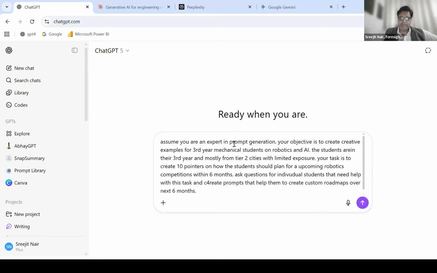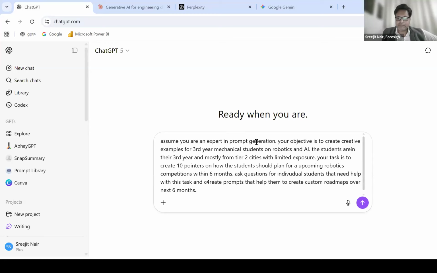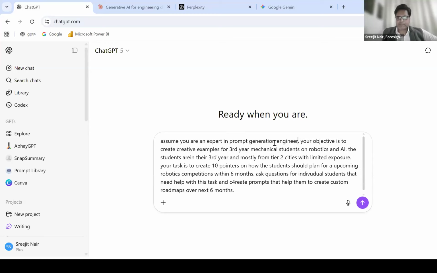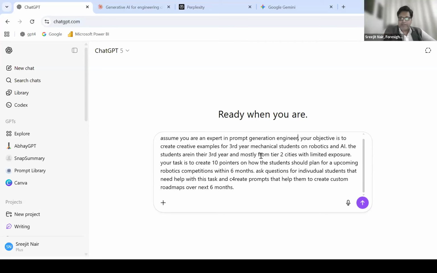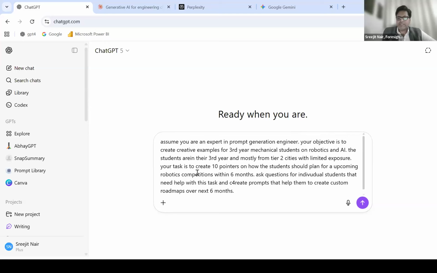So here, what I have done is that I am saying that you are a prompt generation engineer. Then your objective is to create examples for third-year mechanical students on robotics and AI. The context is that students are in their third year and mostly from tier 2 cities with limited exposure. Your task is to create 10 pointers for how students should plan for the upcoming robotics competition.